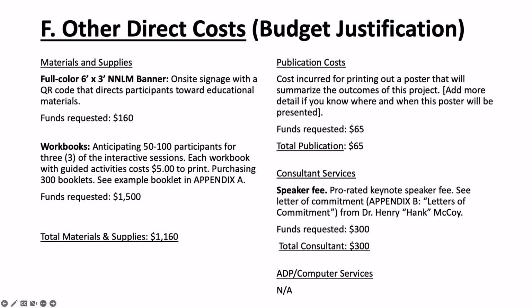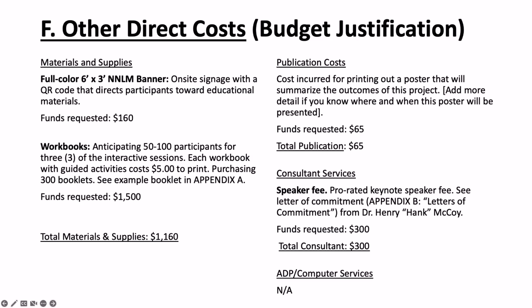All right, so section F is kind of a lot. So if anyone has any questions, don't be afraid to ask. I do have a note here that the ADP computer section is a little tricky, because most of the time you can't request something like a computer for a project unless that computer is 100% used for that project. But computers are pretty expensive anyhow.